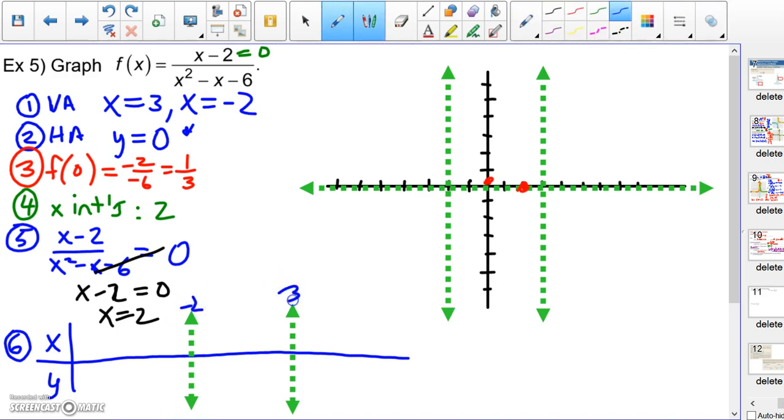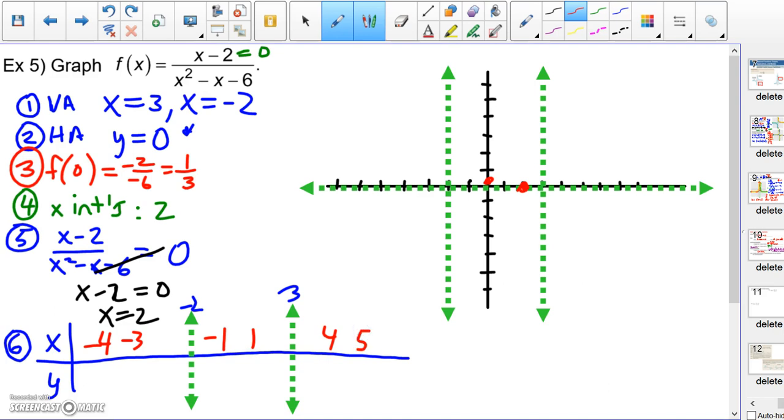So let's find some other numbers besides that. I think -4 and -3 might be good numbers. And in between -2 and 3, we've already got 0 and 2 shown on the graph, so maybe we do -1 and +1. And then on the other side of 3, maybe we pick 4 and 5.